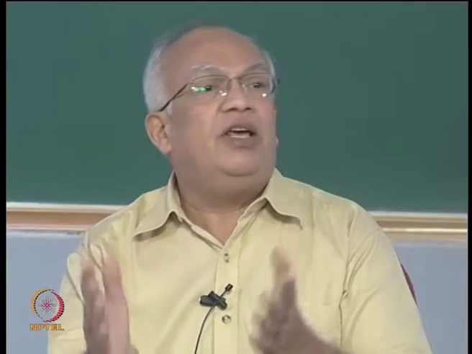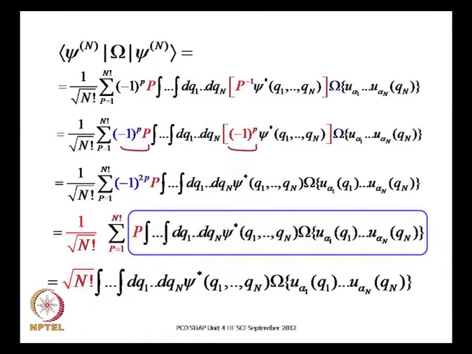So, even after you do the interchange, the result of that multiple integral will remain invariant, and you have got a quantity which remains invariant under permutation, and you keep adding it to itself how many times? Factorial n times, exactly.